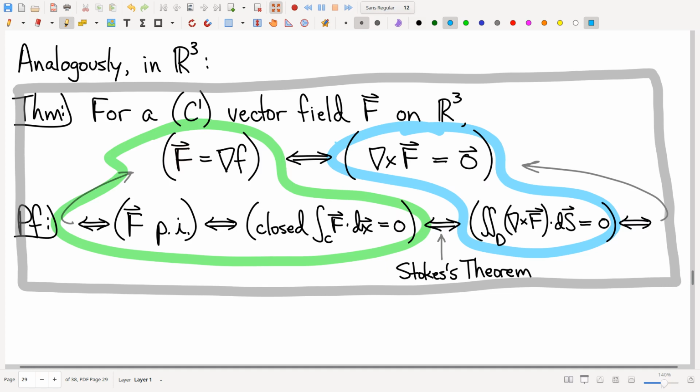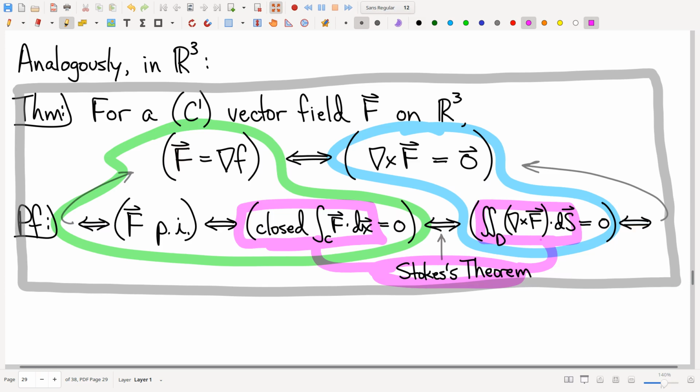Okay, so now we have exactly what we need. Stokes' theorem literally tells us exactly this. It tells us literally that closed vector line integrals, namely circulations, are computed with a flux of the curl.